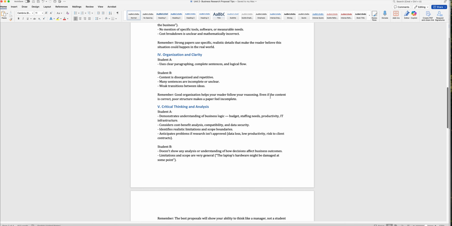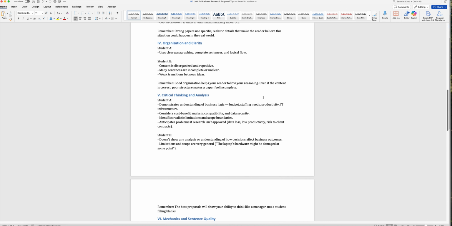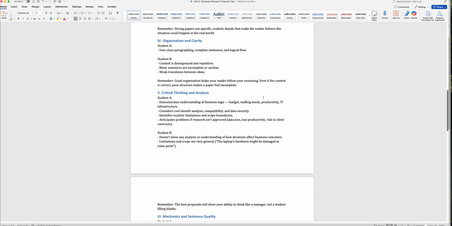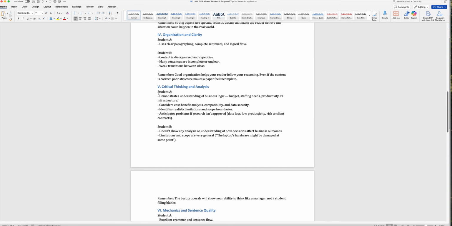It's not about feelings, or how you feel about this class, or how I feel about grading the papers. It's just black and white. What's on the paper? Is it logical? Is it clear? Is it easy to understand? Great. If not, make some edits. Good organization helps your reader follow your reasoning, even if the content is correct.